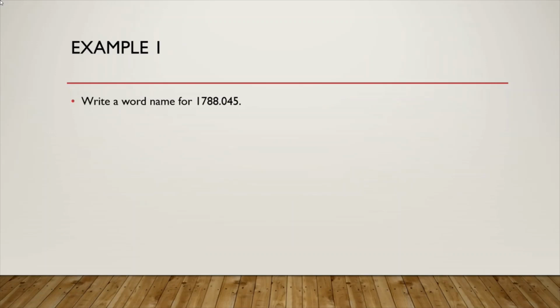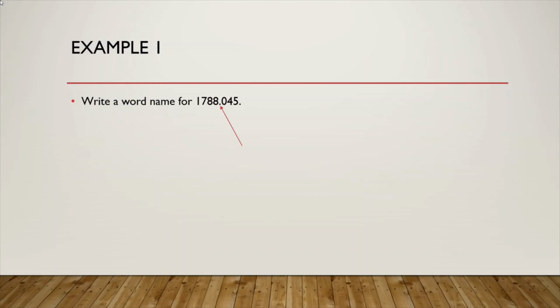All right, so how would you write this number as a name? And I'm going to show you how to do this properly instead of 1788.045. You can do that, but it's going to be helpful with fractions to know how to pronounce it mathematically, I guess you could say.